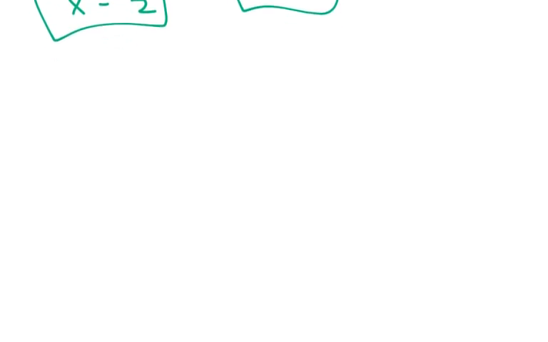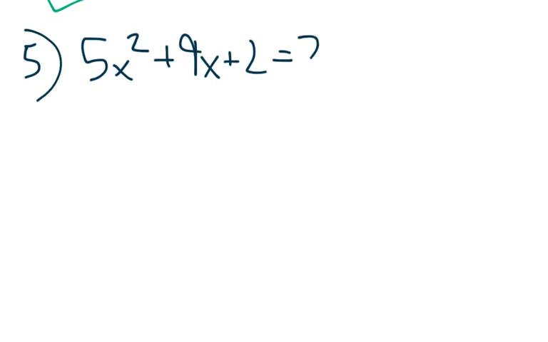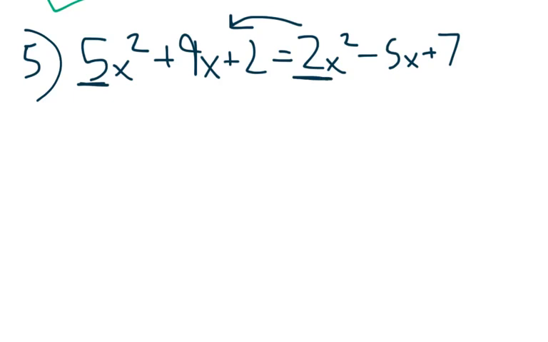Finally, let's do a super hard example, or at least as hard as I can make them. All right, this one, 5x squared plus 9x plus 2 equals 2x squared minus 5x plus 7. Now again, I want to get everything onto one side. And so what I'm going to do is move everything over to the left side because I see 5x squared and 2x squared.